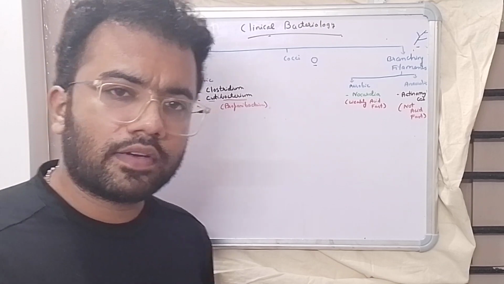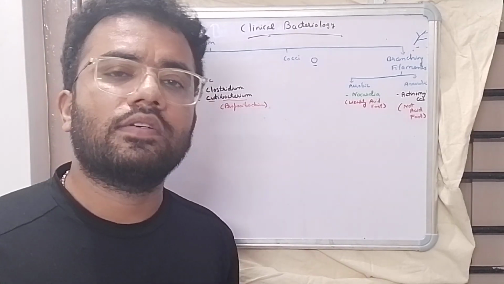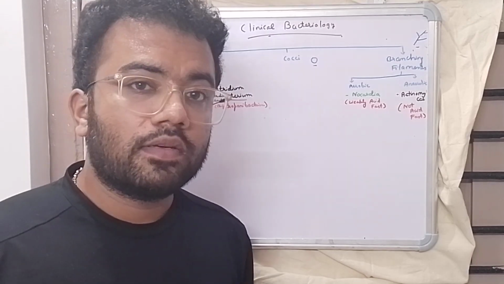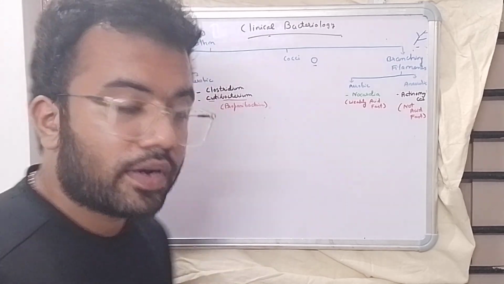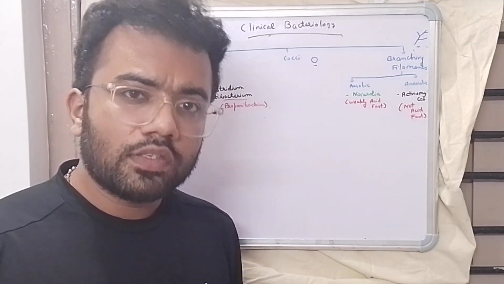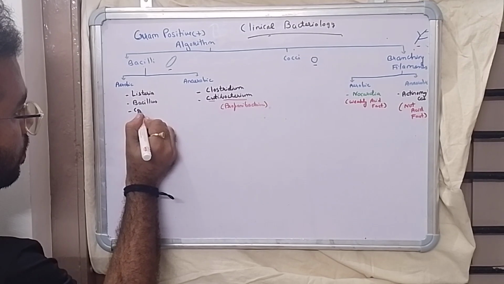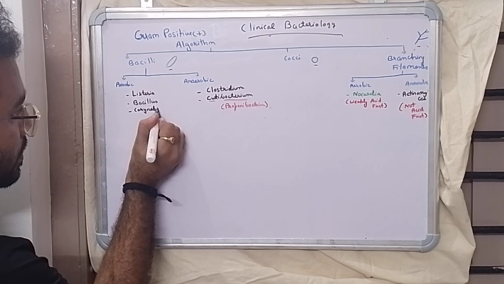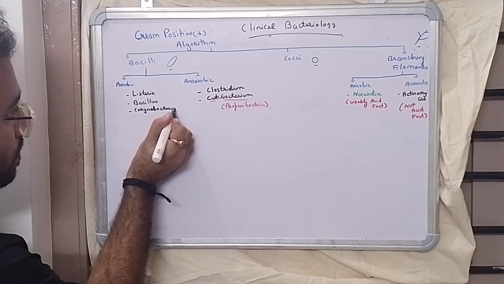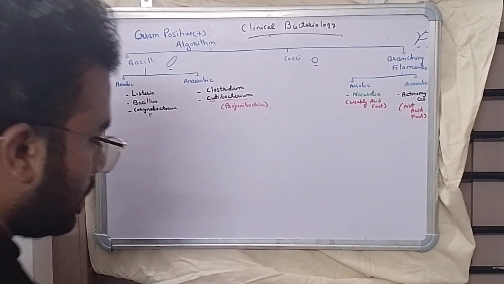The causative bacterium for that disease is Corynebacterium diphtheriae. We will write the example. It comes under the aerobic section, so it is an oxygen dependent bacteria. So here we will write Corynebacterium diphtheriae. Okay, as simple as that.